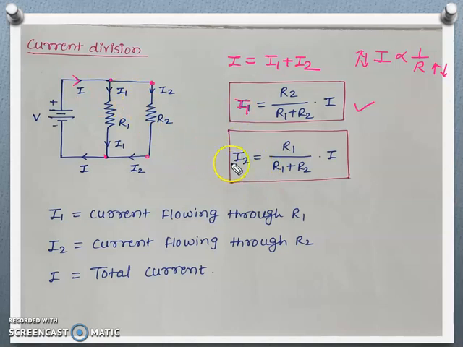Similarly, the current flowing through R2 will be I2, equal to the opposite resistance, which is R1, divided by R1 plus R2, into total current I. This is the expression for current I2 and this is for current I1. These expressions are nothing but the current division rule, which we are going to use to solve a given network.